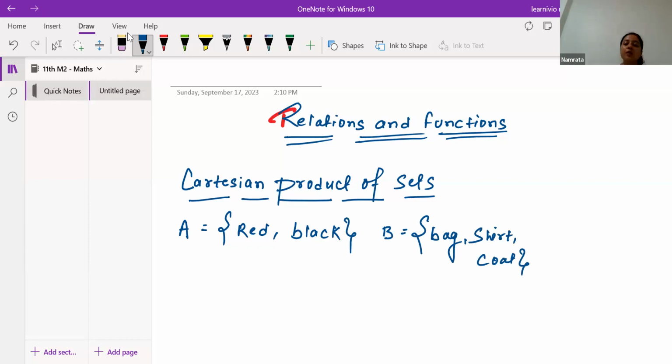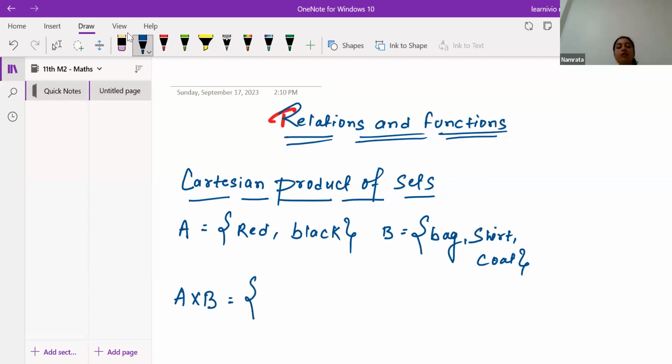Now we have to find the Cartesian product. Product means multiplication. So we have to find A cross B. How will we find A cross B? We will find a combination of all colors with bag, shirt, and coat.